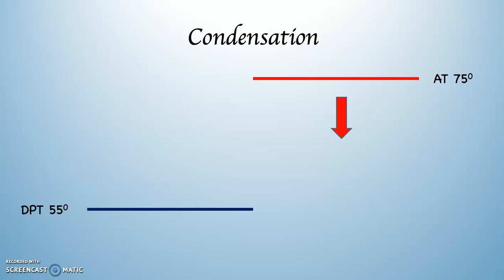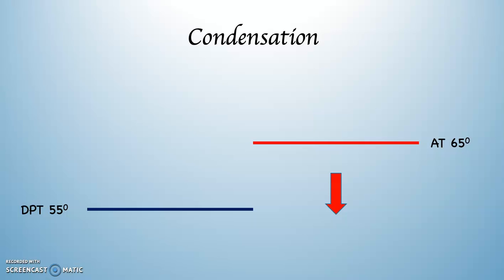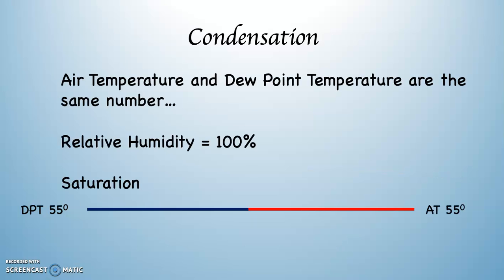So let's assume the air temperature begins to drop, which is really what this particular part of the lesson is about. As air temperature drops, notice it goes from 75 to 70, then down to 65 degrees, then to 60 degrees, and boom. At that point, the air temperature and the dew point temperature are the same number, in this case, 55 degrees.